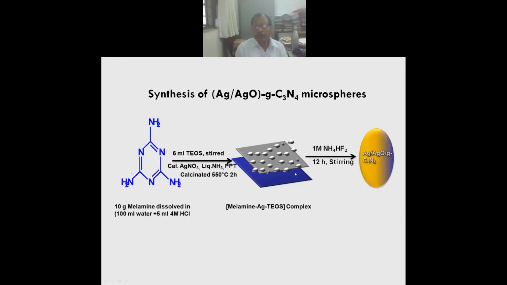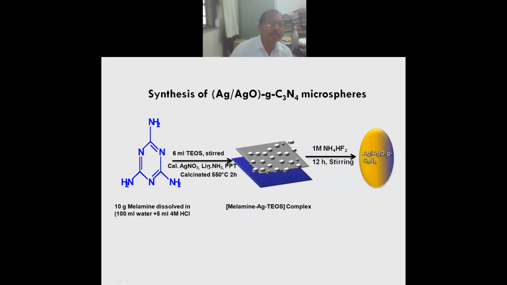Now we try to synthesize this AgO loaded g-C3N4 microsphere. 10 milligram of melamine is dissolved in 100 ml water along with 5 ml of HCl. Then tetraethyl orthosilicate is added along with AgNO3, then ammonia.